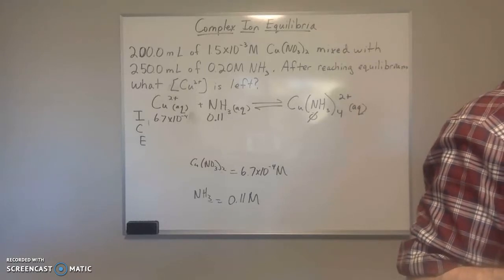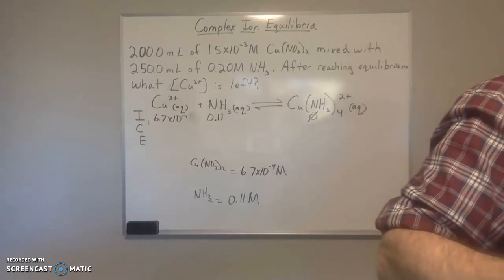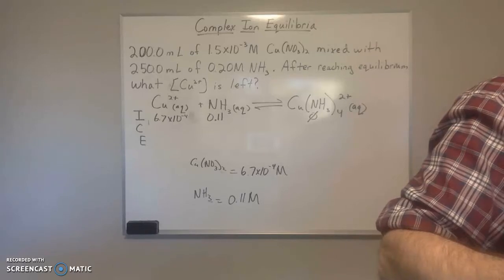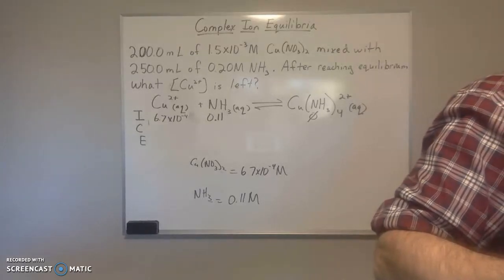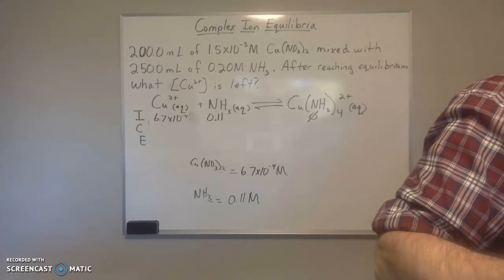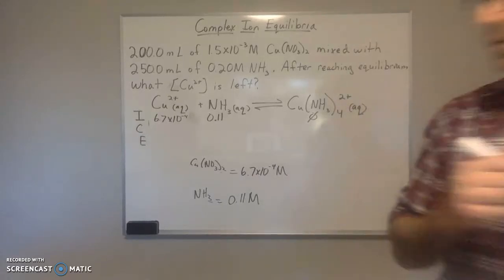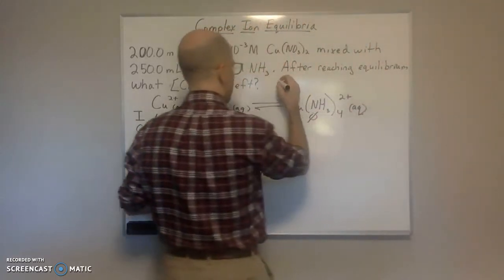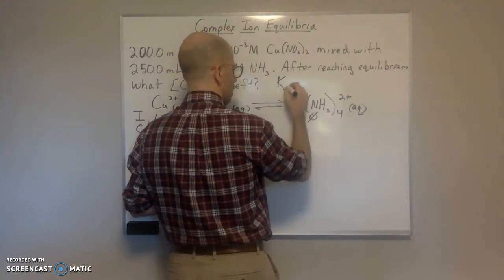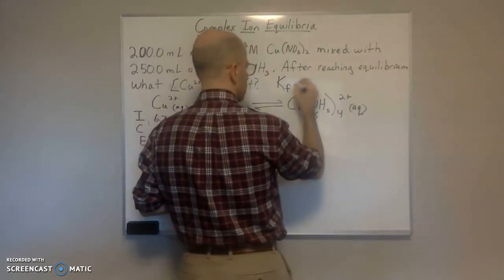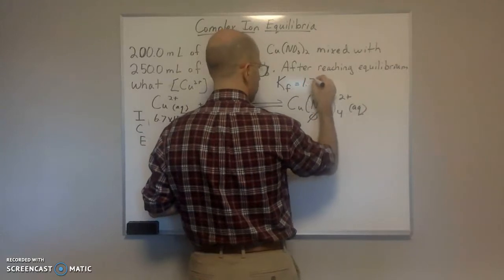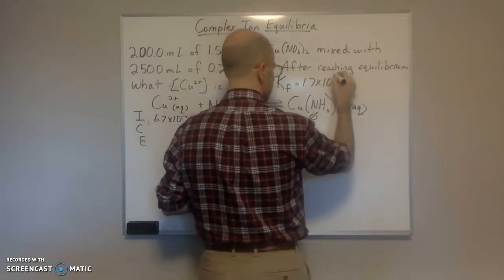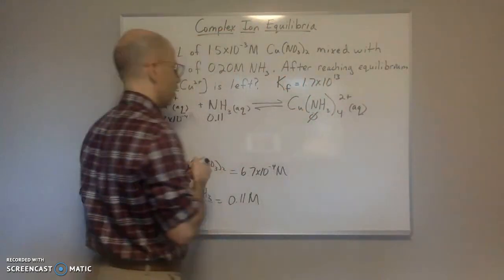So the Kf value is 1.7 times 10 to the 13th. So the Kf value, the constant of formation, is equal to 1.7 times 10 to the 13.